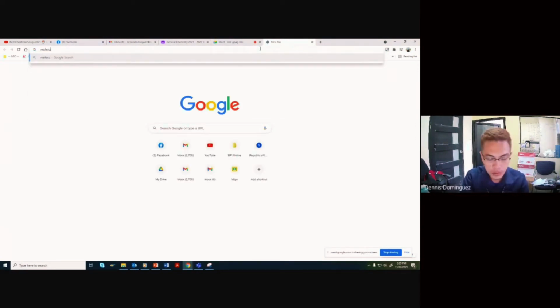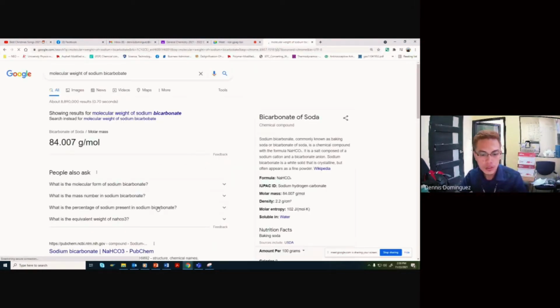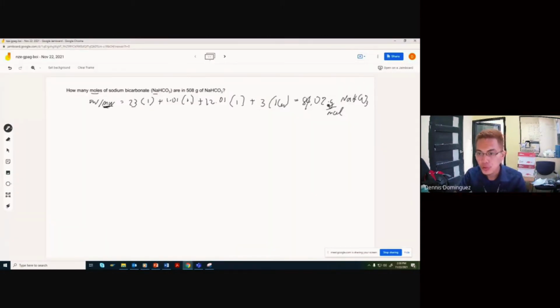Molecular weight of sodium bicarbonate, that is equal to 84.007. So we'll follow our 84.02 since we are using 23 here. So 84.02 grams per mole of sodium bicarbonate.